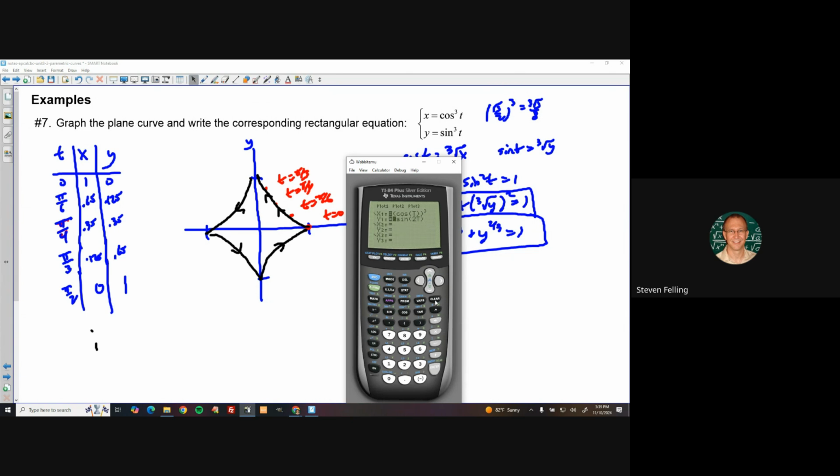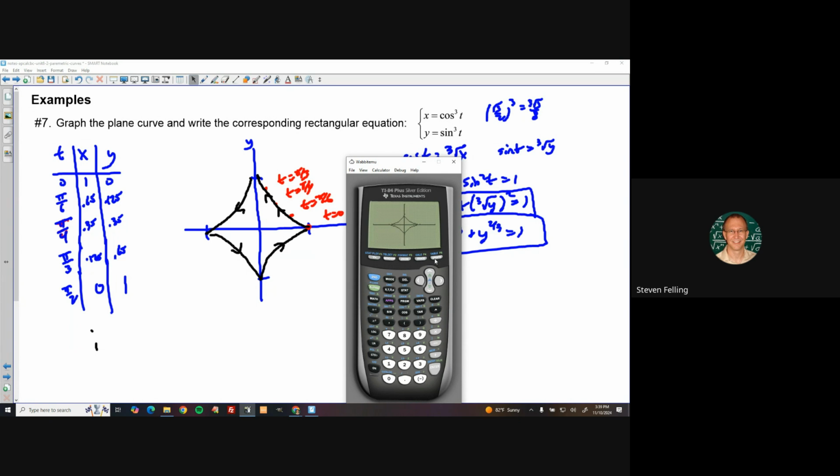And then same thing here, parentheses, but the sine of the variable, but cube that number. And if I do zoom 6, and zoom quite a bit in there, so let's just go max from -2 to 2 in x and y. Sure enough, it gives me that kind of rounded diamond shape like that.